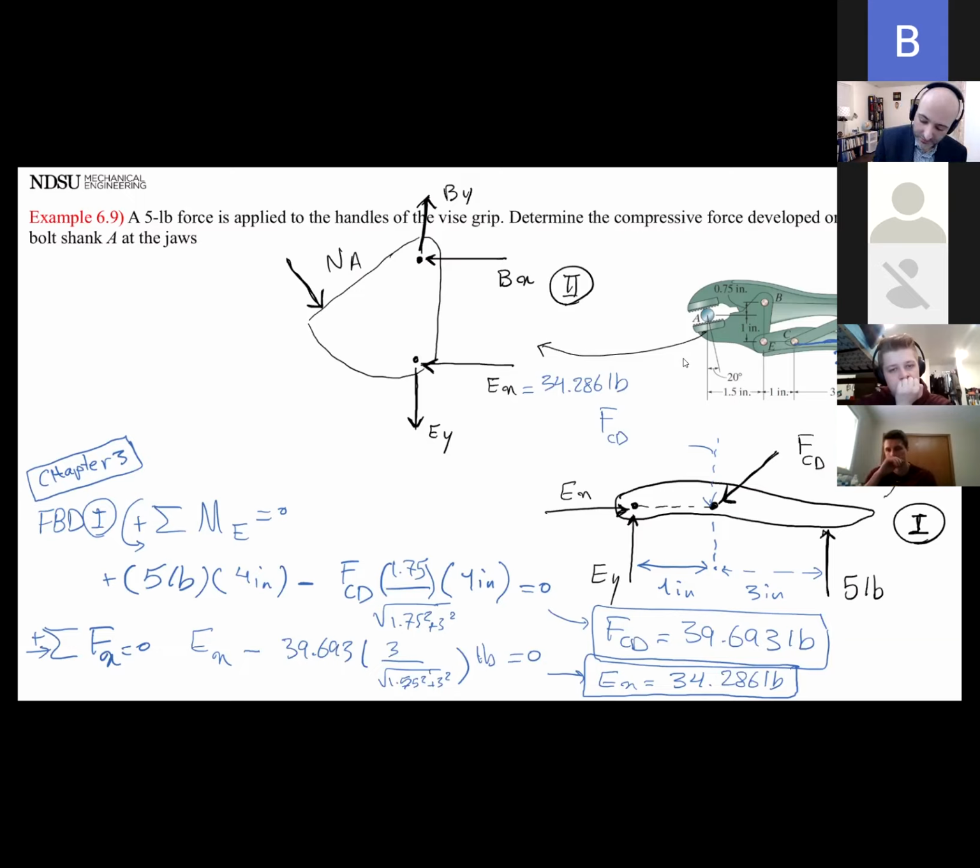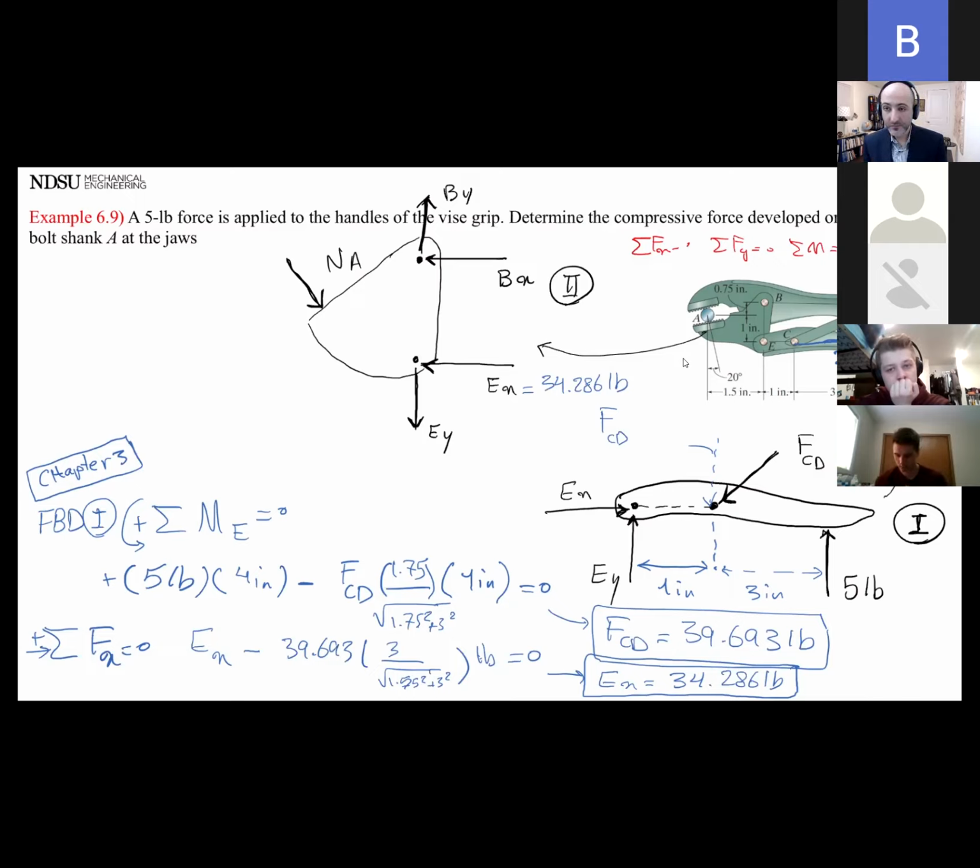You're going to see why not. In this one, I can just write one equation and find my NA. What equation would you write? You have 3 to pick from: summation of forces in X, summation of forces in Y, summation of moment. All you need is one equation and you can find your NA.